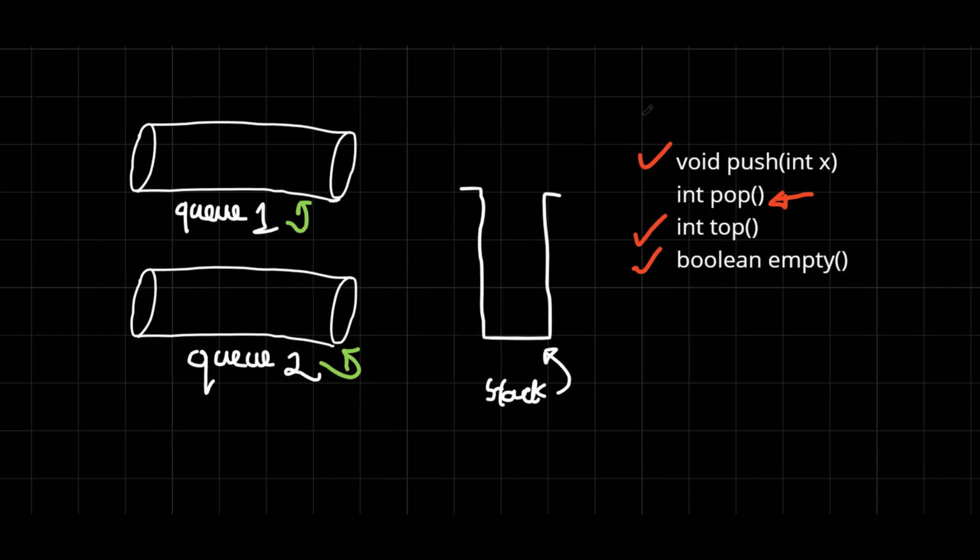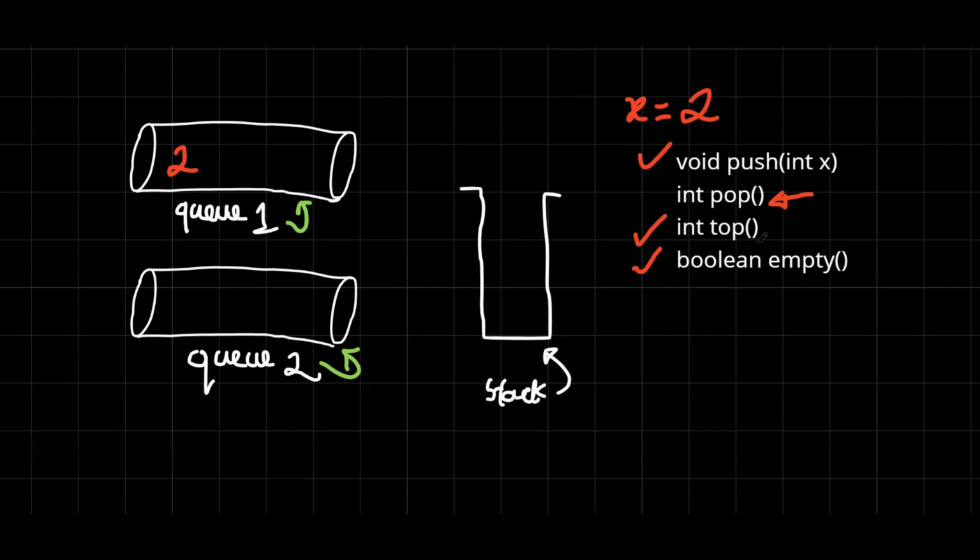Suppose the value of x is 2. So here we have to add the element 2 into the queue. It is now done. So this is the mechanism of the push method. For the push method, we simply insert the given parameter into the Q1.